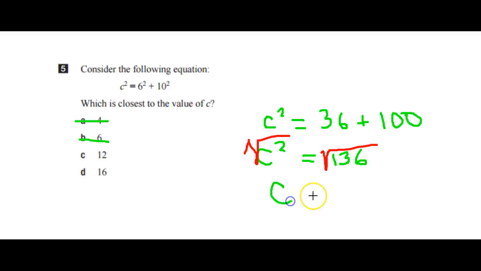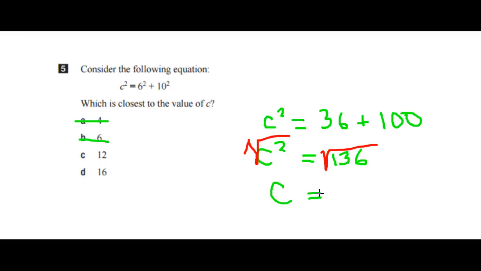So all I need to do now is figure out what the square root of 136 is. Now, you may already know what the square of 12 is, and if you know that, that will help you figure this out. We're looking for the closest value in this case.